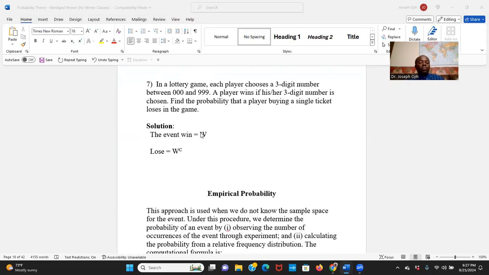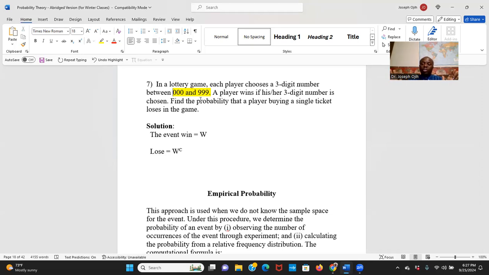Now remember, the numbers go from 000 to 999. So the player wins if his number is chosen. That's 000, 001, 002, 003, all the way to 999.